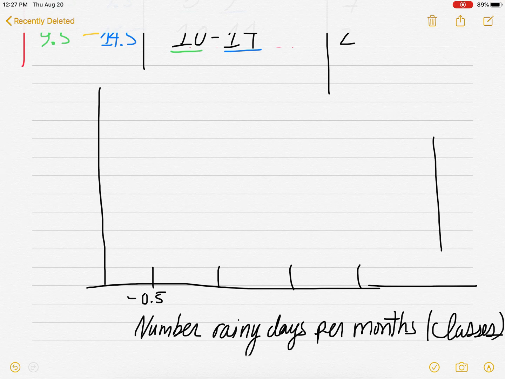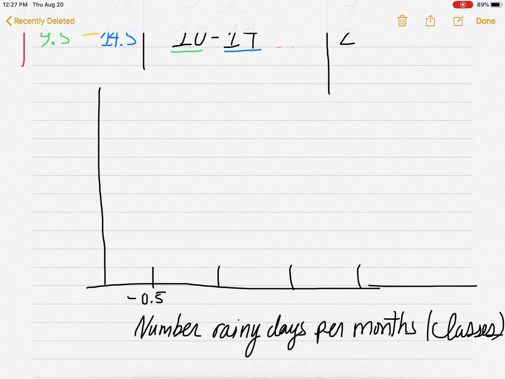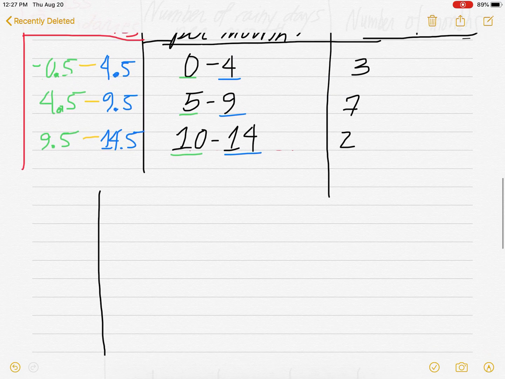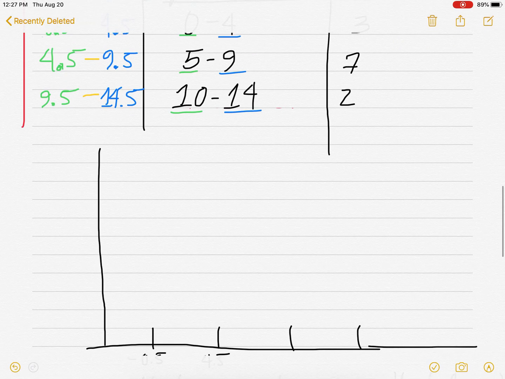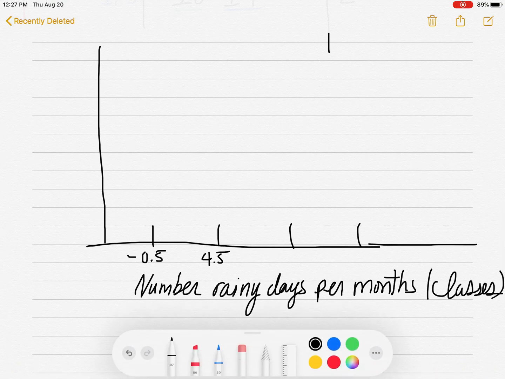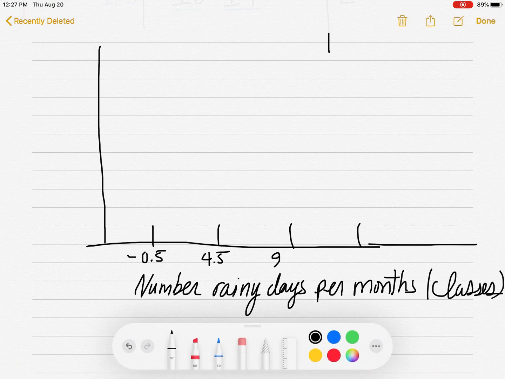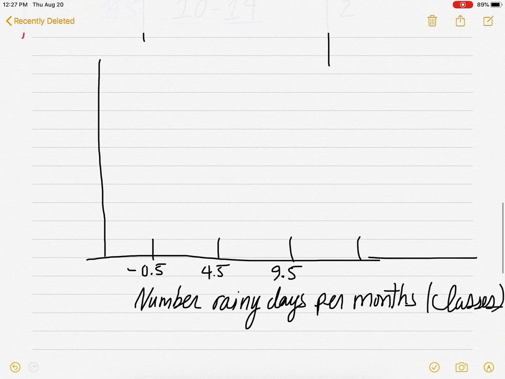What was the next? 4.5 would be the next one, and we're going to put it at the next marking. And then after 4.5, we're going to put 9.5, the next boundary. And after 9.5, we're going to put 14.5.